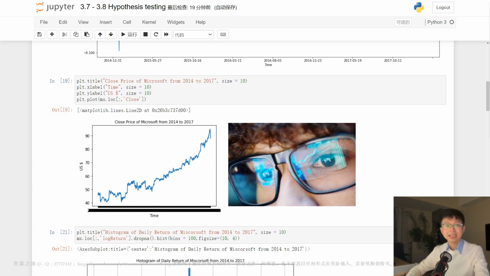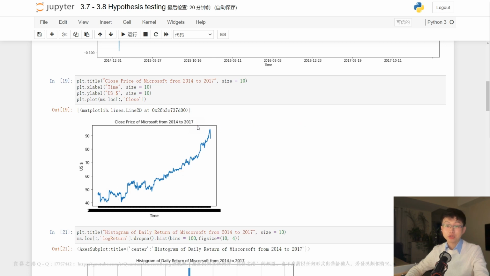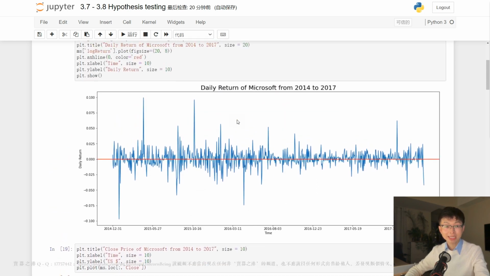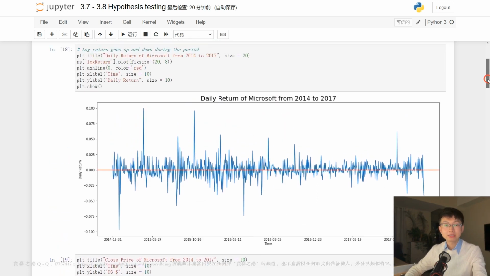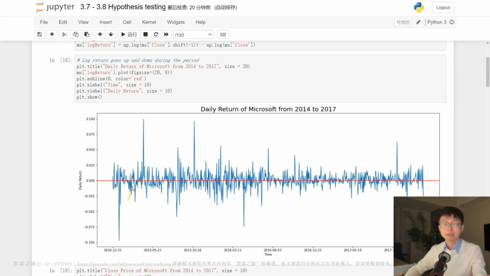Well, at first glance, the price appears to be in an upward trend, and one may surmise that the average daily return is positive. However, when we plot the daily return directly, we observe a mix of positive and negative returns, making it less obvious to assert that the average daily return is positive.